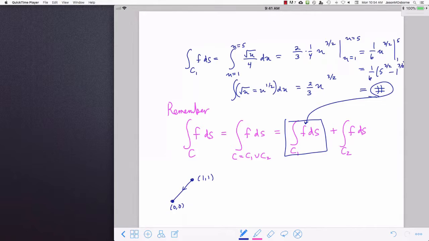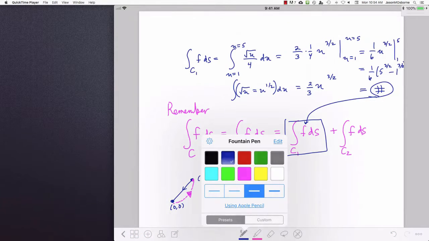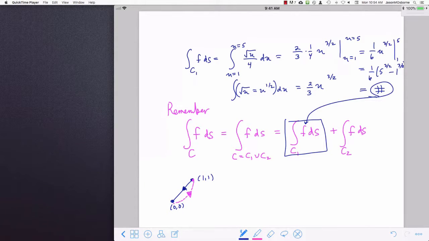And we had to go in the direction that they told us. We needed to integrate from 0, 0 to 1, 1 along a parabola. And now we need to work our way along the line from 1, 1 back to 0, 0.